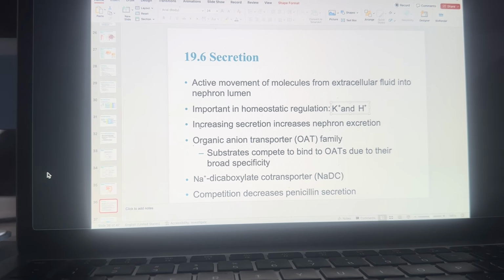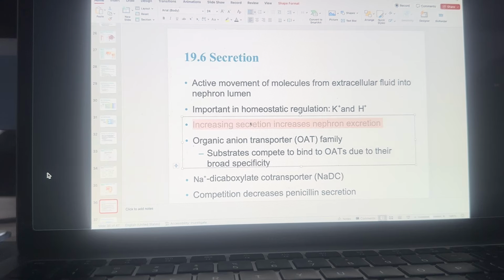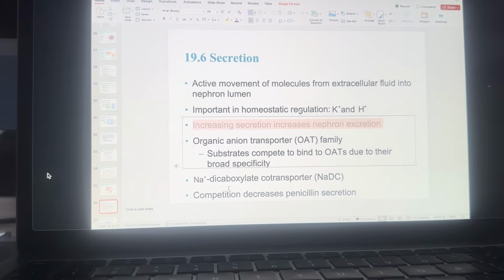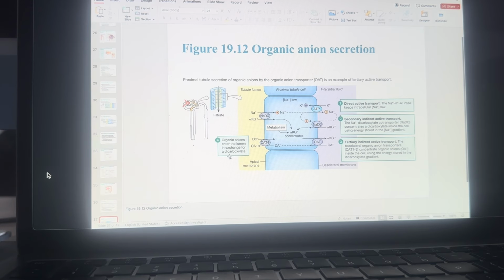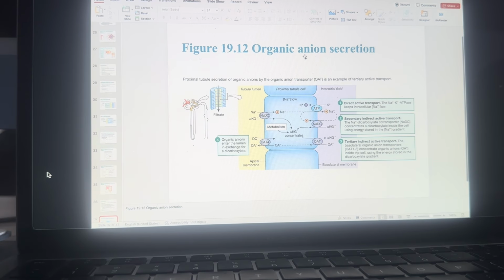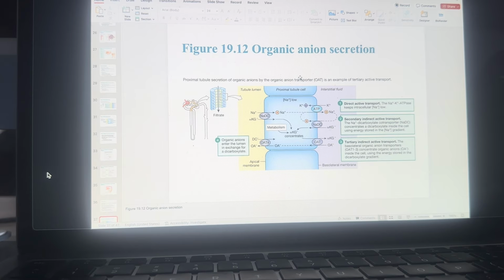So increasing secretion increases nephron excretion, right? So it can also influence how much urine you're removing. Again, we showed some examples of how organic substances can affect the secretion of things, specifically molecules that can change and modulate the pH.